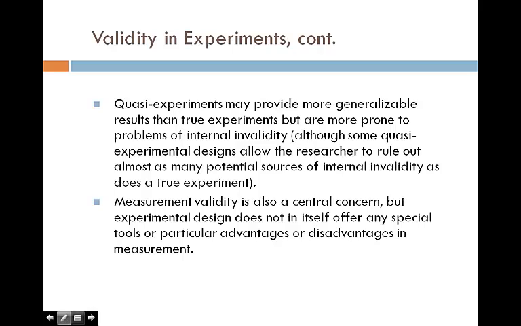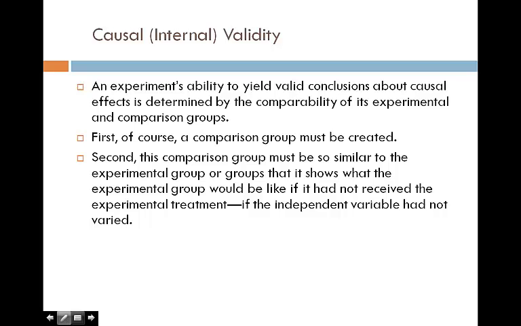Measurement validity is also a concern, but experimental design does not in itself offer any special tools or particular advantages or disadvantages in measurement. An experiment's ability to yield a valid conclusion about causal effect is determined by the comparability of its experimental and control comparison groups. First, of course, a comparison group must be created.